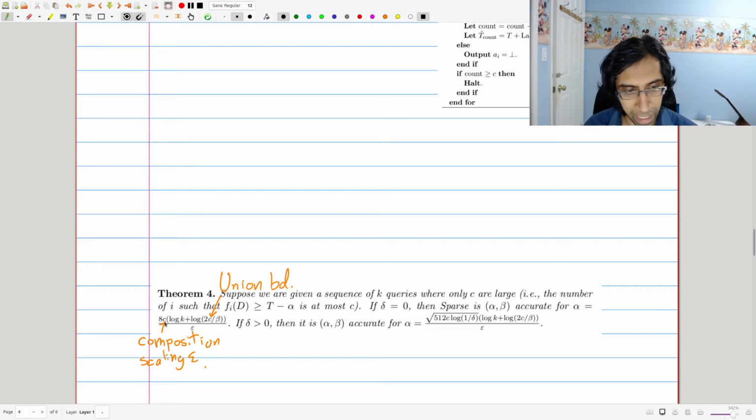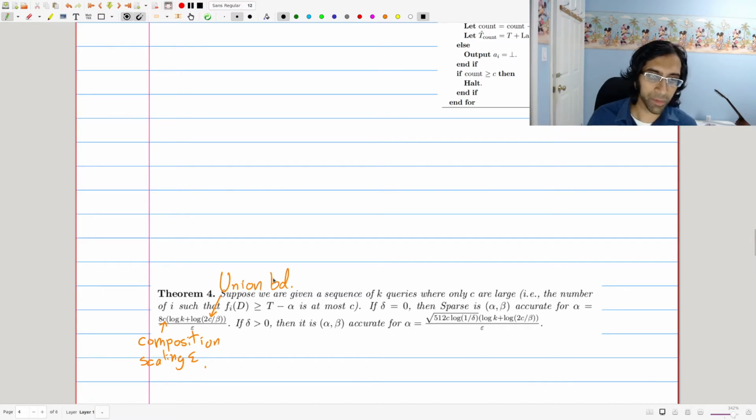But what we do pay for is the number of large queries we're looking for, C. So we have a polynomial dependence on the large queries, which is kind of unavoidable in some sense. We haven't talked about lower bounds yet, but it's unavoidable in some sense. And a logarithmic dependence on the total number, which might be large. So this is kind of the best we can really hope for, and that's a very powerful type of accuracy guarantee.